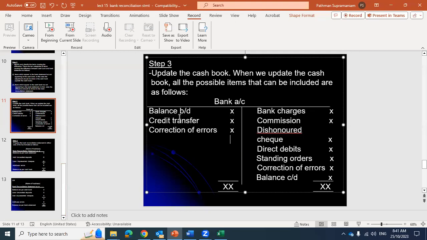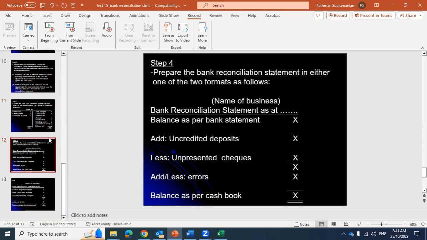This slide simply shows you on which side of the cash book you have to record when you update the cash book. As for the bank reconciliation format, there are two formats which you can use, your choice.